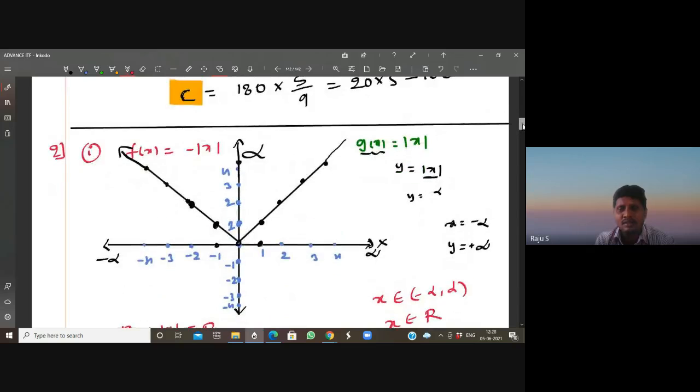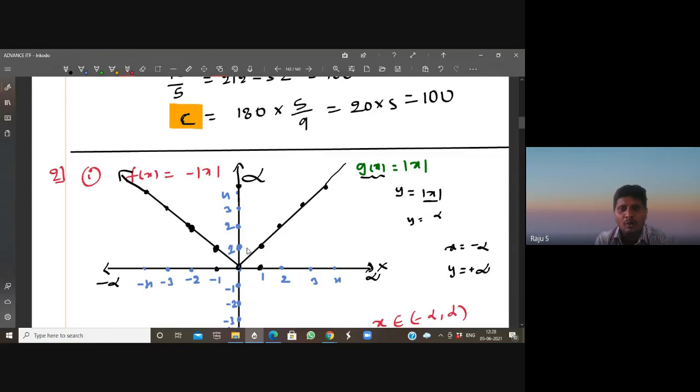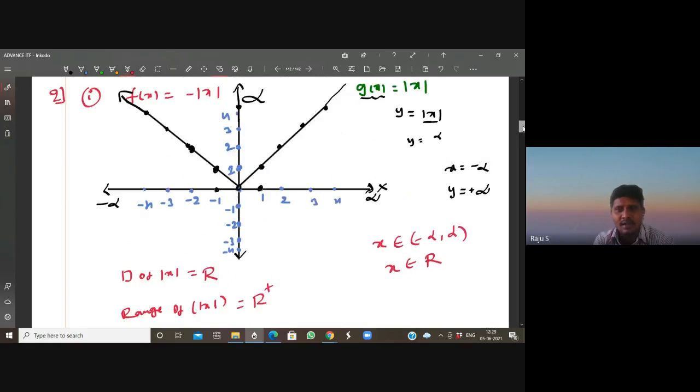R plus including 0. Understood? Range is nothing but the output, the y value. Domain means x value, x values from minus infinity to plus infinity. The graph exists on both sides, but the output is only positive values. So that is R plus. So the domain is the real numbers.